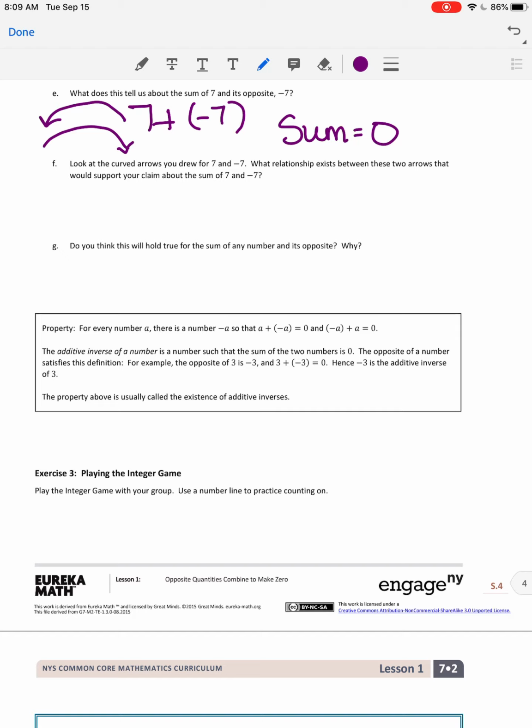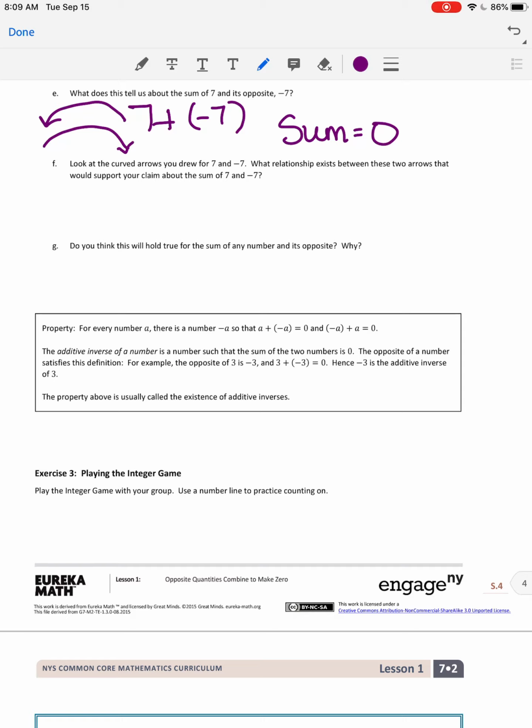Okay, F says look at the curved arrows you drew for 7 and -7. What relationship exists between these two arrows that would support your claim about the sum of 7 and -7? There are a couple things we could answer here.